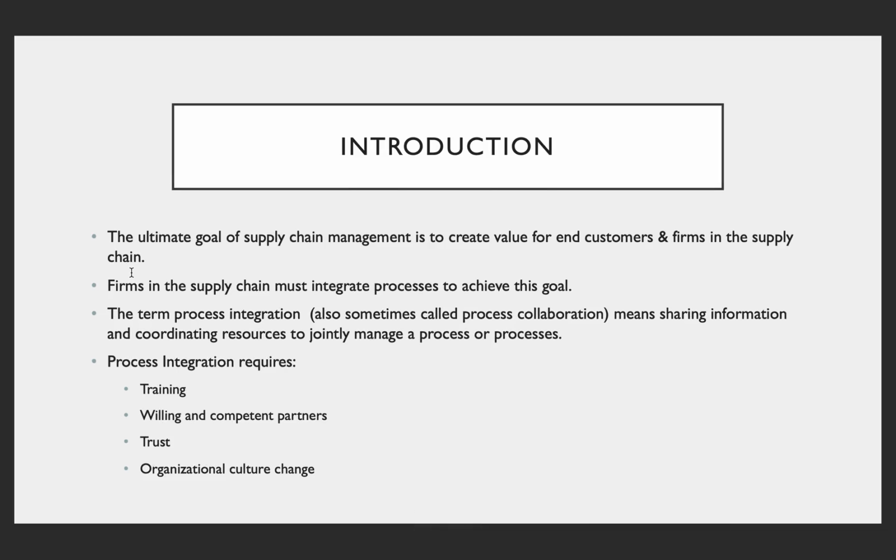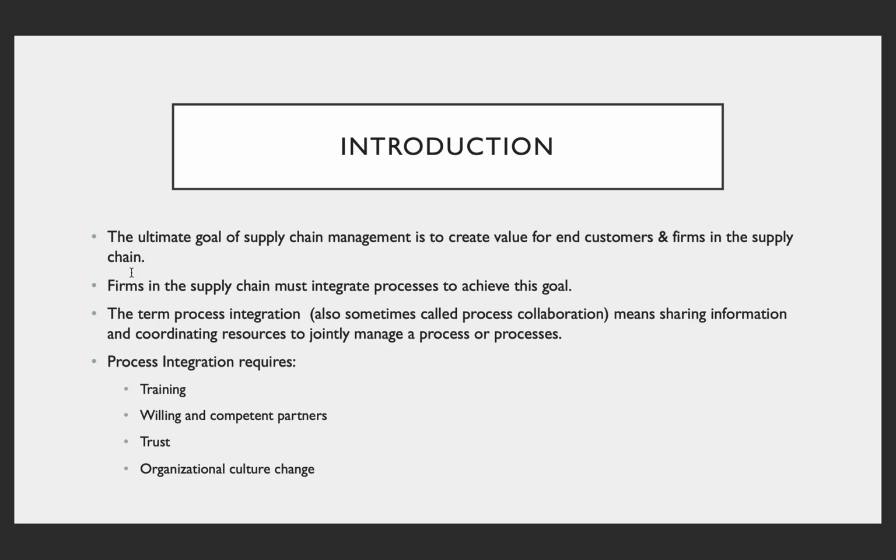So first, just some foundation before we get started. The ultimate goal of supply chain management is to create value for end customers and firms in the supply chain. This is something that we have talked about all semester long in each chapter, and how the overall goal is to create value for the end user. So firms in the supply chain must integrate processes to achieve this goal. You've all heard the saying, "It takes a village," and it's the same thing in the supply chain.